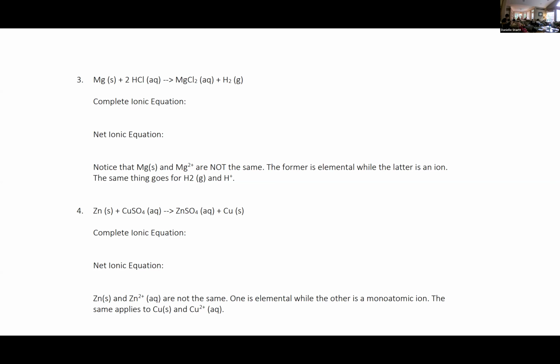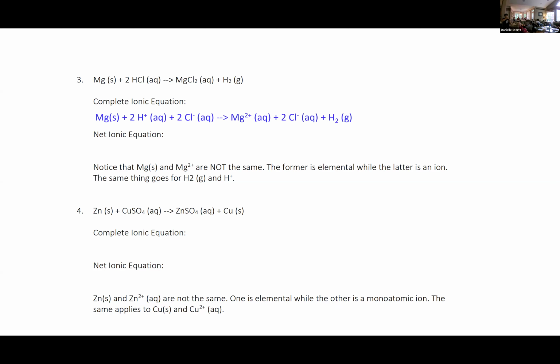So what are we breaking apart? The hydrochloric acid and the magnesium chloride. So how does it look complete?